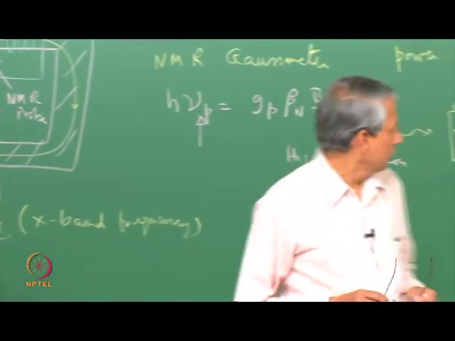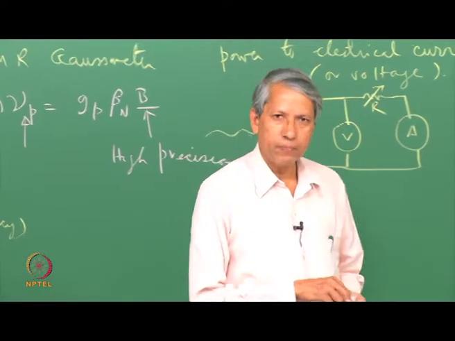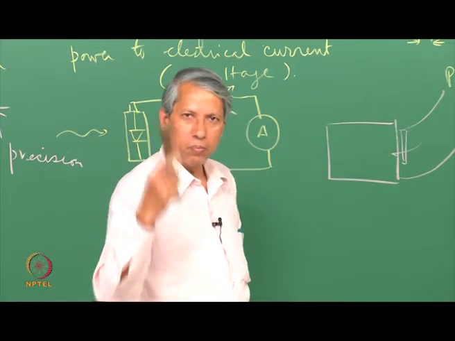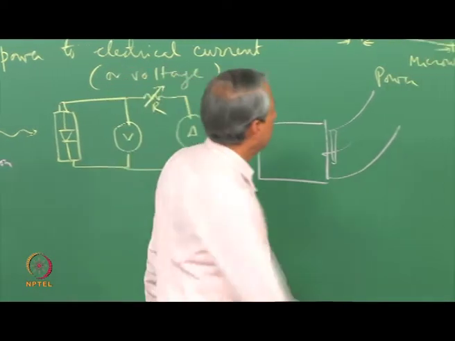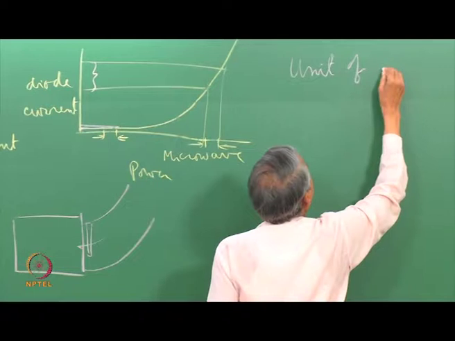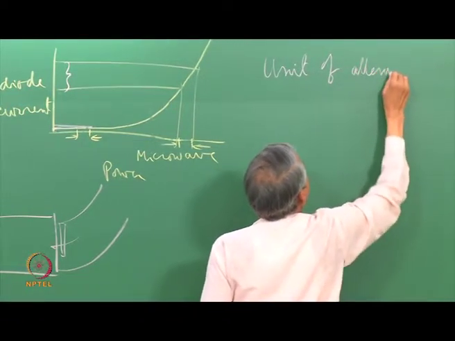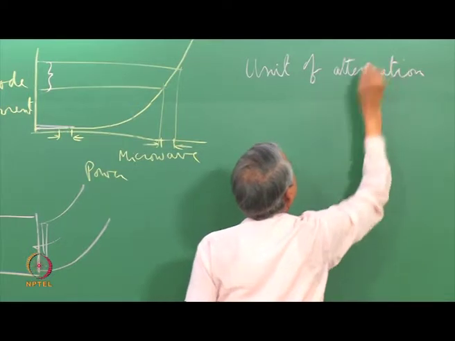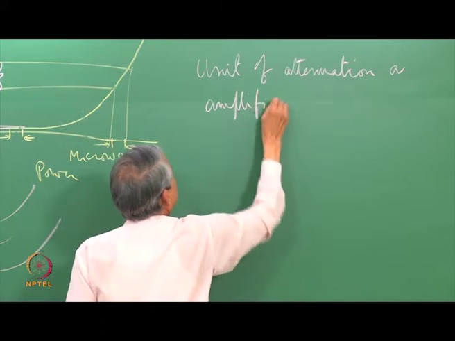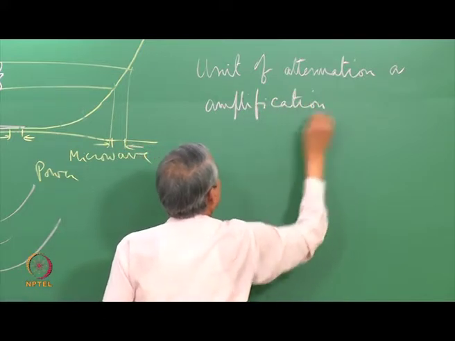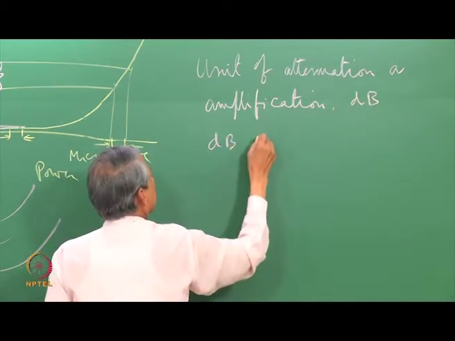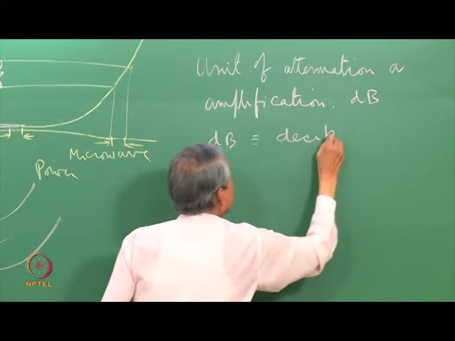Before I conclude, I would like to introduce a unit of measuring these various characteristics of microwave components and microwave power, and this unit is called a unit of attenuation or amplification, which is called dB. dB stands for decibel.